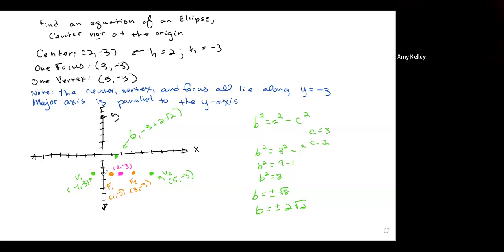Our other coordinate will be 2, negative 3 minus 2 square root of 2. So negative 3 and then minus 2 square root of 2. So kind of hard to squeeze that point in here, but somewhere right about there. All right, and that gives us enough to create the outline of the ellipse as best we can, hand drawn here.